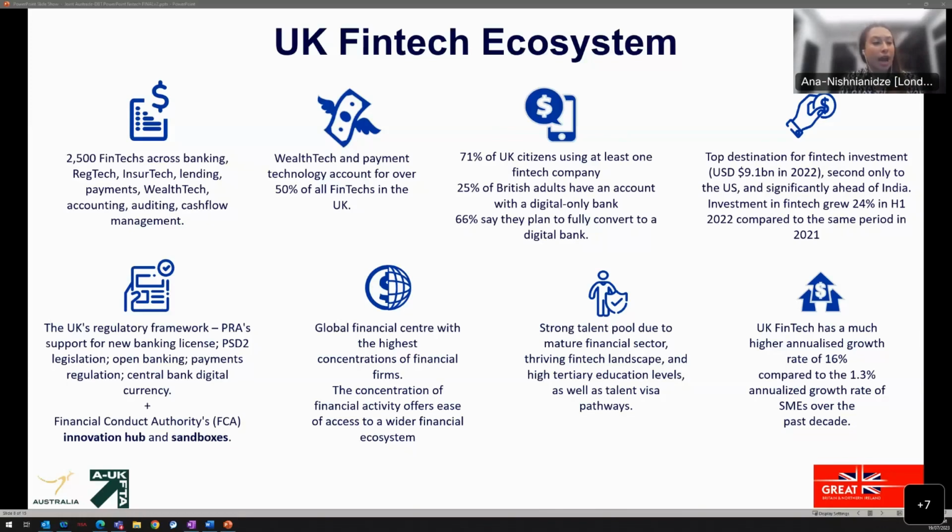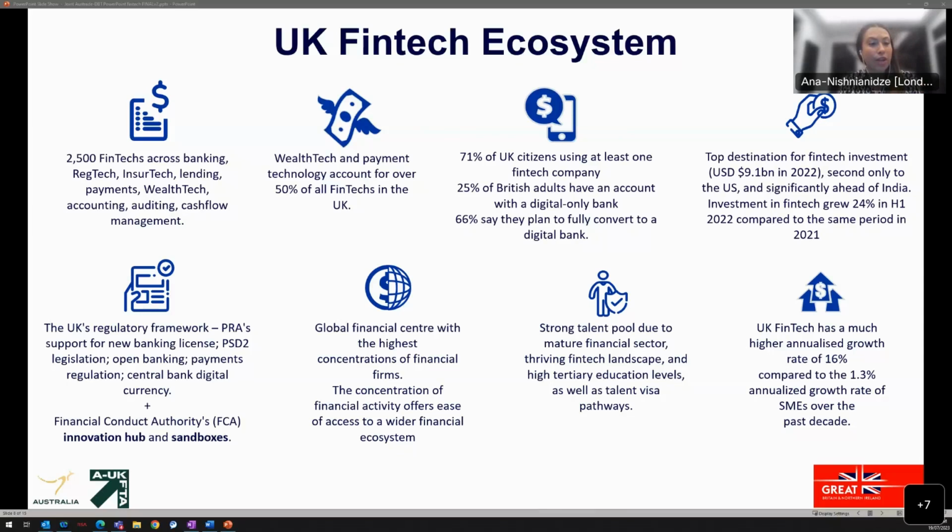All of that has created a really exciting environment, and the UK is still working hard to lead the way. For example, there's some real progress currently being made on the development of a central bank digital currency, and really looking at how legislation and regulation can stay ahead of the curve, which is quite interesting.